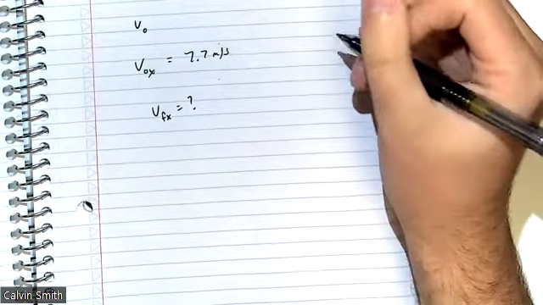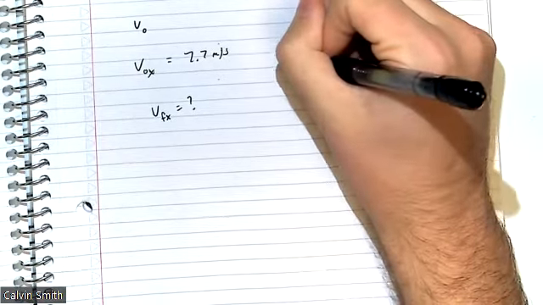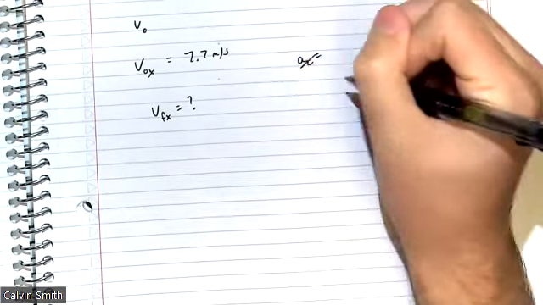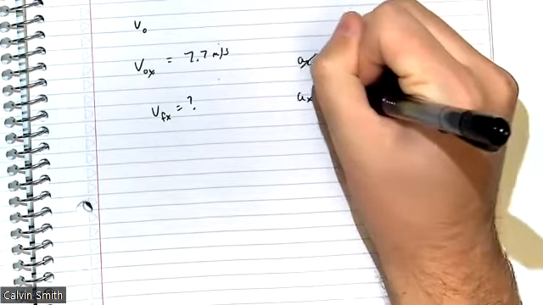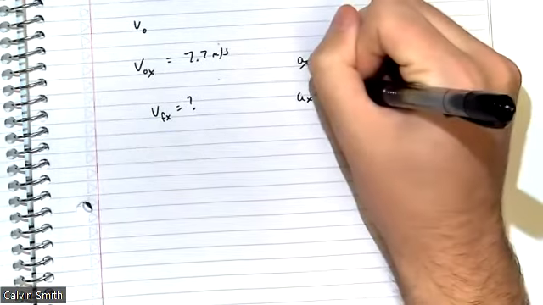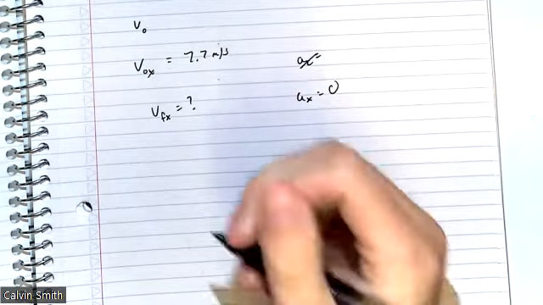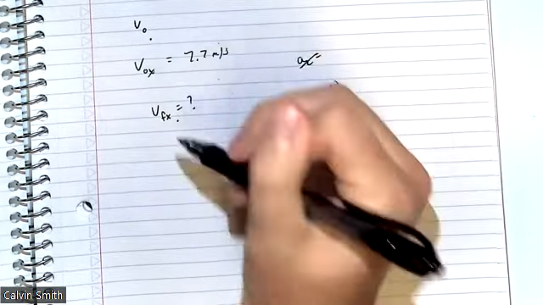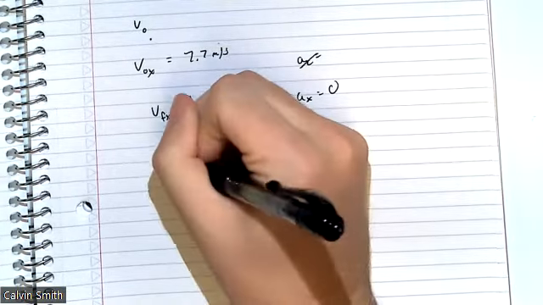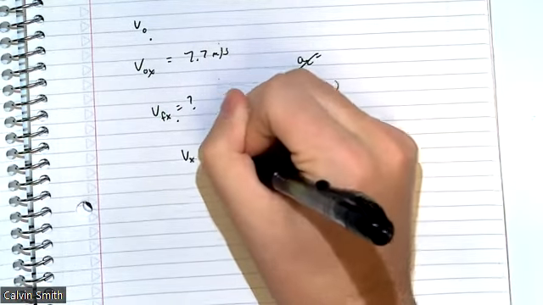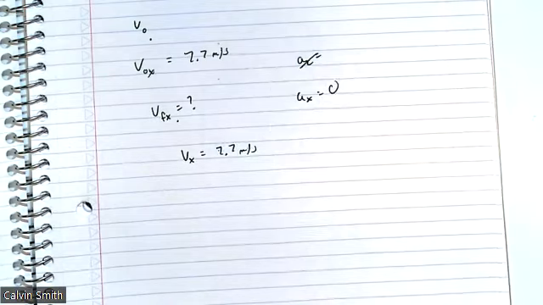Assuming for this problem that horizontal acceleration is constant, as in it's 0, our initial is going to be the exact same as our final. So v of x is going to be 7.7 meters per second. That's part B.